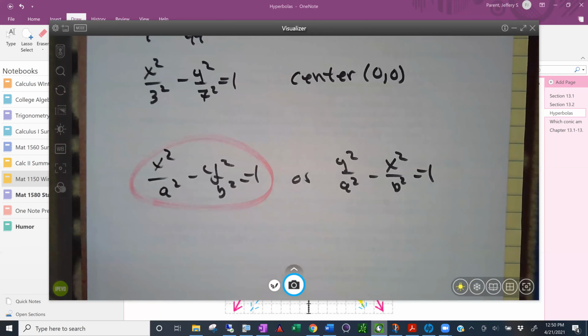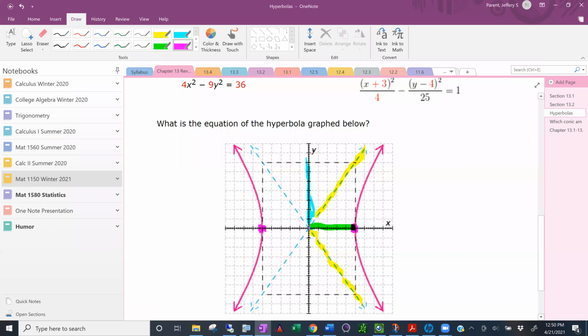Let's see if we can do that. A is going to be how many steps you take to get to the vertex in the x direction. 1, 2, 3, 4, 5. So it's going to give me x squared over 5 squared. Can someone tell me what I'm going to put underneath the y?